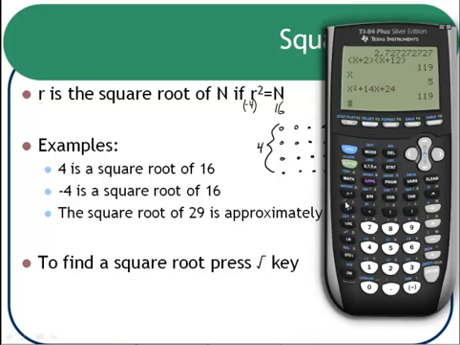And so in order to find the square root of 29, you have to hit second, square root, and then your number, 29. I like to close it with parentheses. You actually don't need to, but 5.385 and all that sort of stuff is the square root of 29. And yeah, that's how it works.